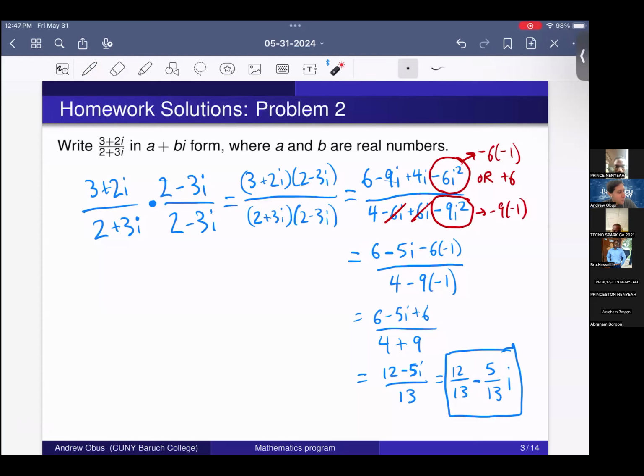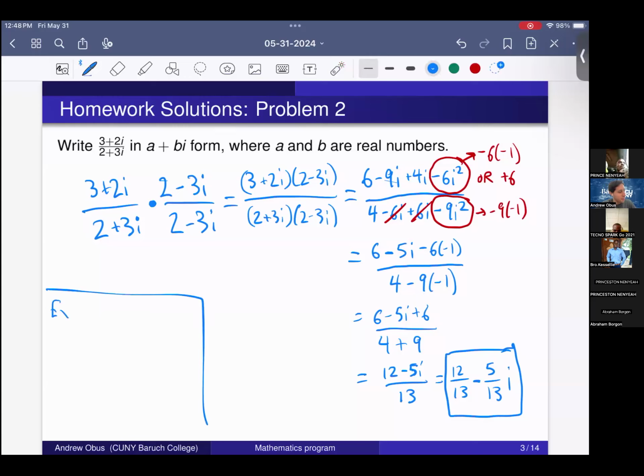Whenever you have something of this form, like a plus bi divided by b plus ai, where the coefficients are switched, your final answer will always give you a Pythagorean triple. Maybe I'll explain that after we finish everything.